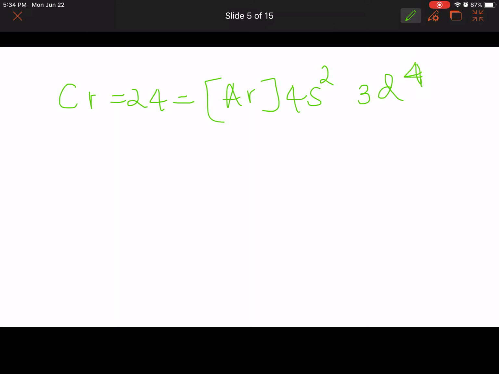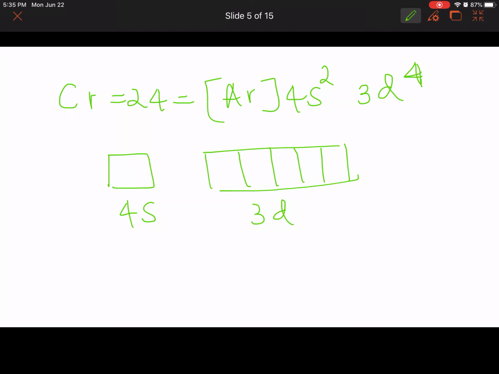That's the expected electron configuration for chromium. This is going to be your 4s, and this is going to be your 3d: 1, 2, 3, 4, 5. The 4s has 2 electrons, 4s2, and 3d has 4: 1, 2, 3, 4.